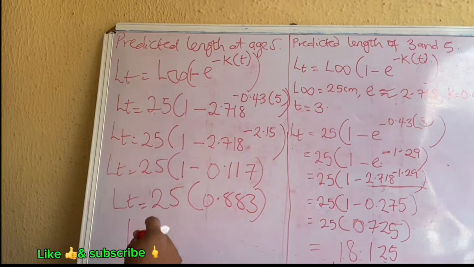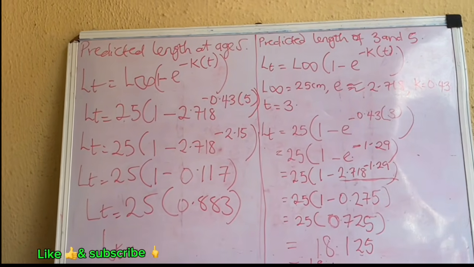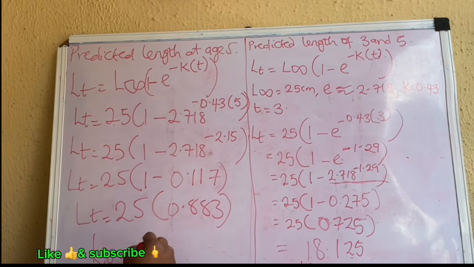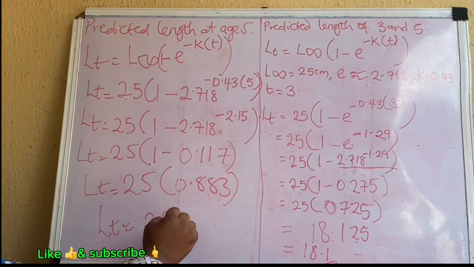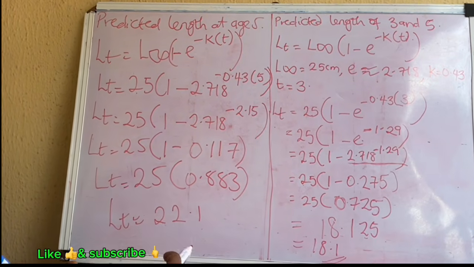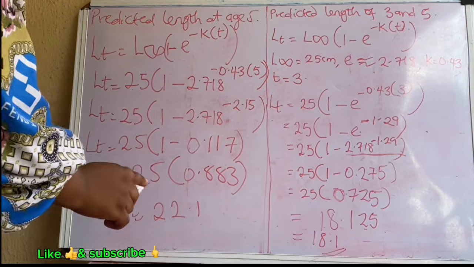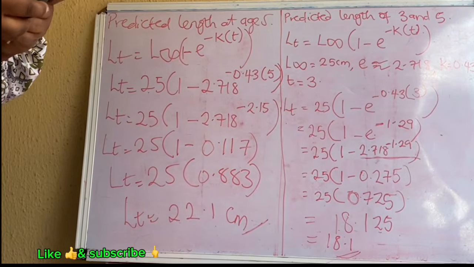LT is equals to 25 times this, and 25 times this will give you 22.1. So that's the centimeter.